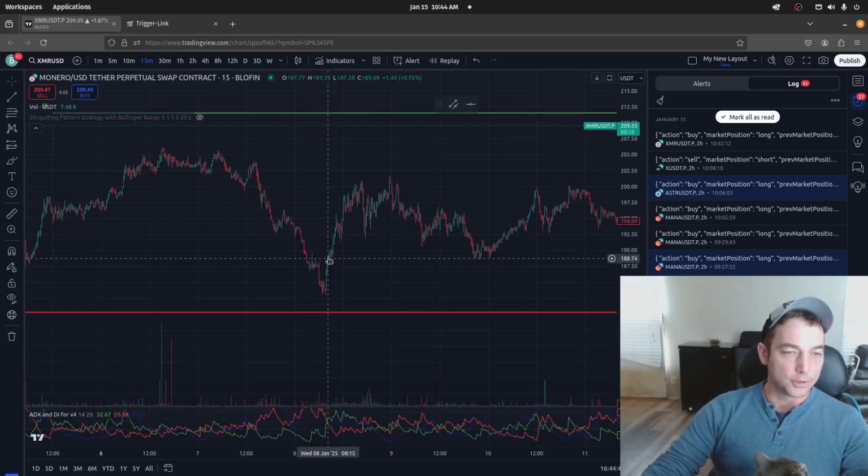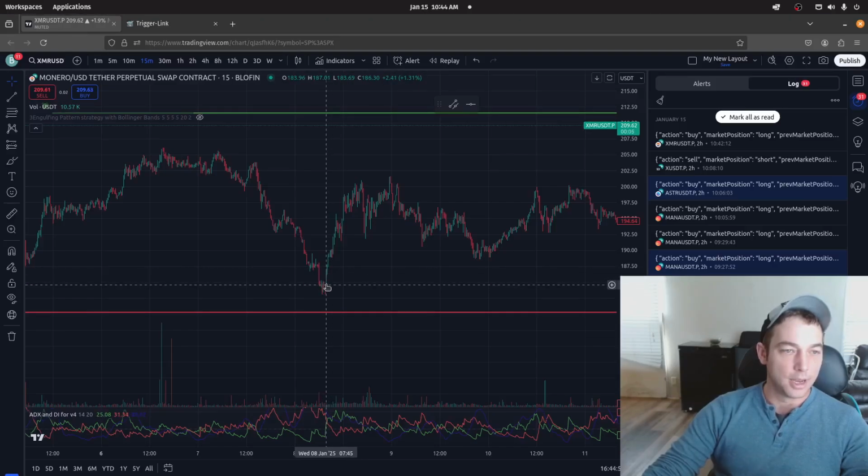That's what the software will do. So say it hit right here, and this is where it broke through the line. It would calculate the relative volume and ATR of these last several candles, and then it would calculate the average volume and ATR of the last 100 candles, which is what I have it set to.